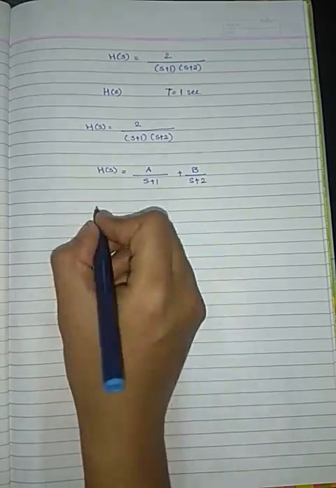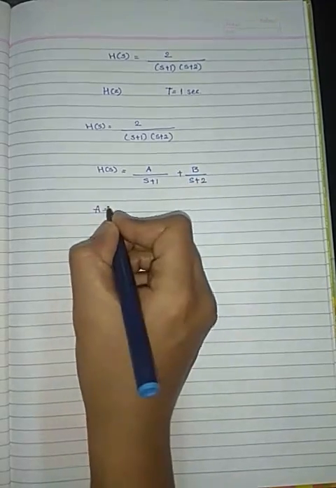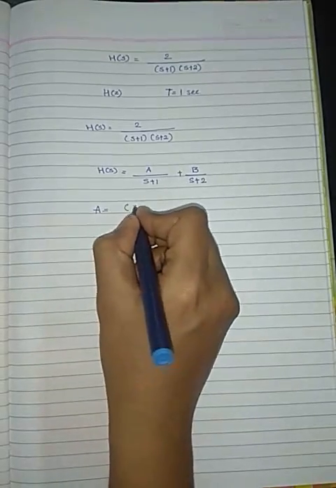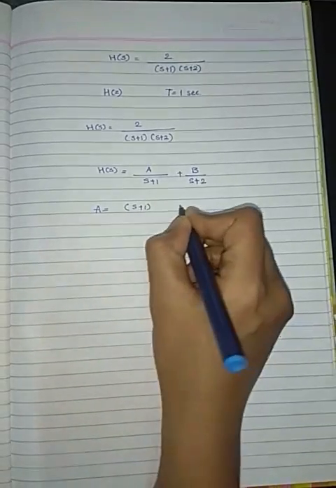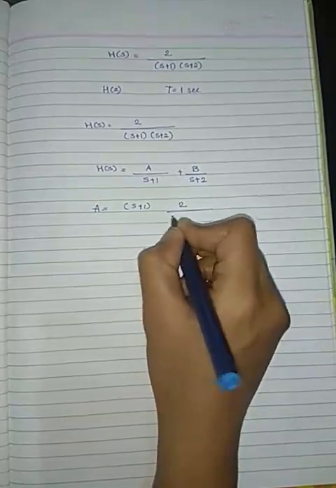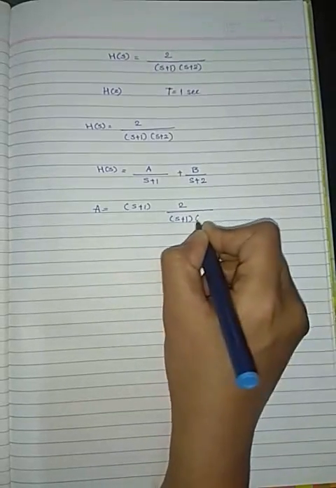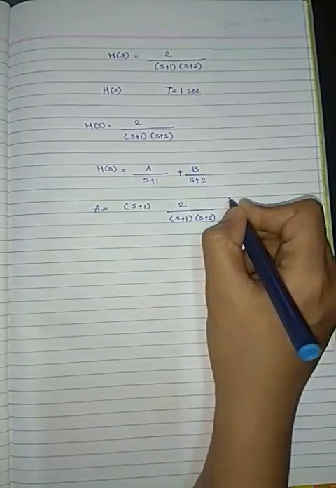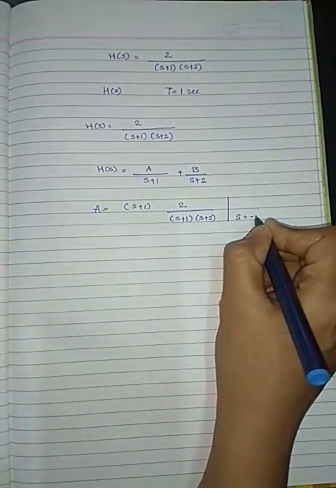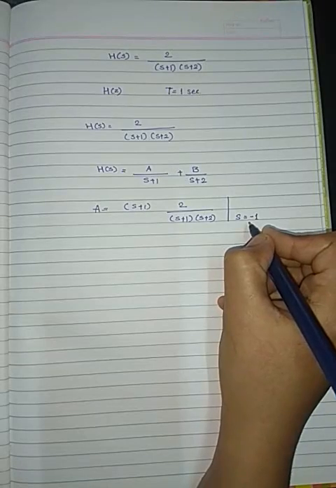So what is A in terms of the partial fraction method? It is S plus 1 multiplied by 2 divided by S plus 1 into S plus 2, at S equal to minus 1.